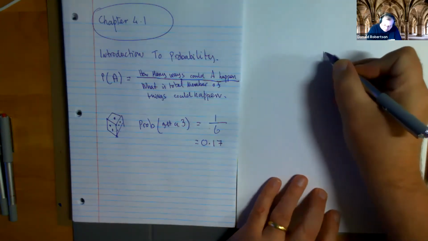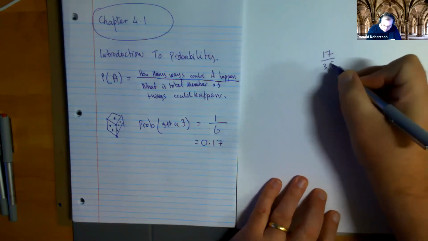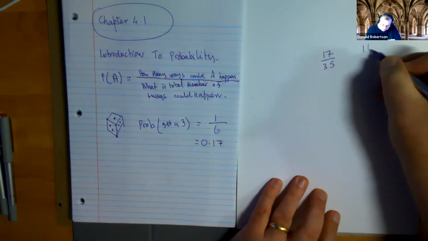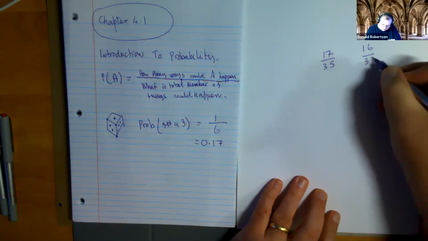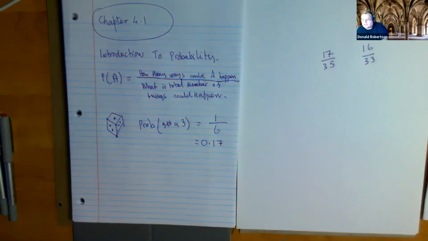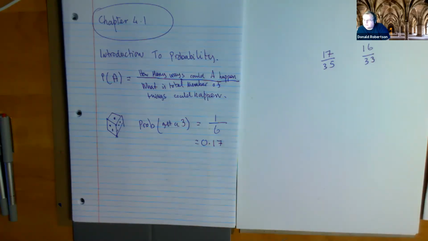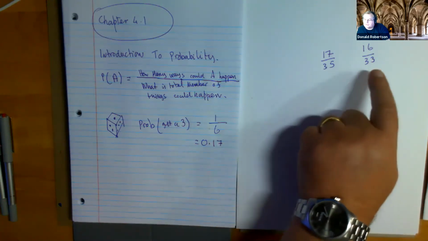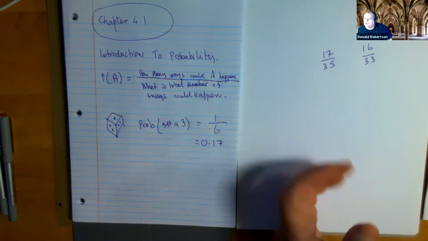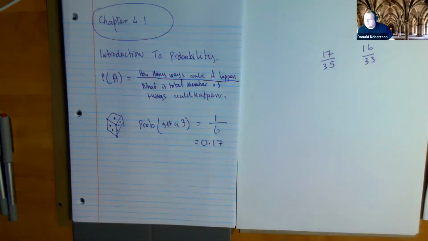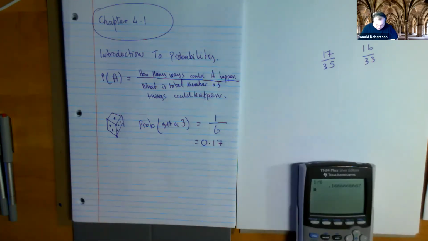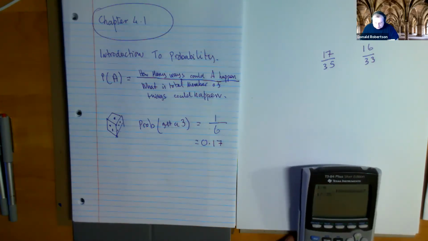So if I said to you, one of them was 70/35ths and the other one was 16/33s, would you agree it's quite hard to tell which one's the biggest and which one's the smallest because they don't share a common denominator? Now, if I turn both of those into decimals, I should be able to tell which one's the biggest probability, and that means it's more likely to happen than the other event. Quick calculation, let's see what that is. Has anybody got a gut feeling which one of those 2 is the biggest?